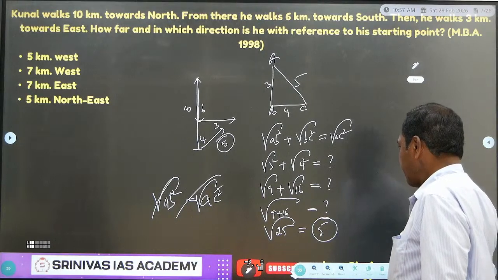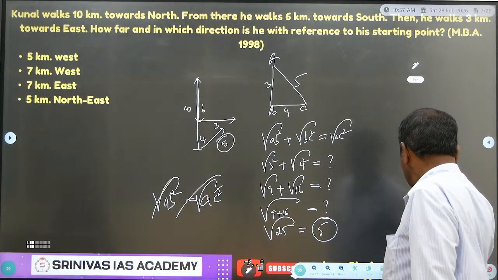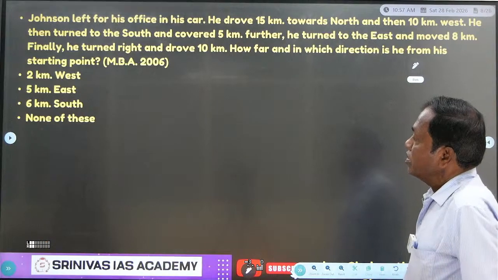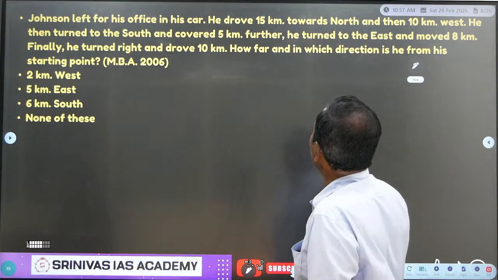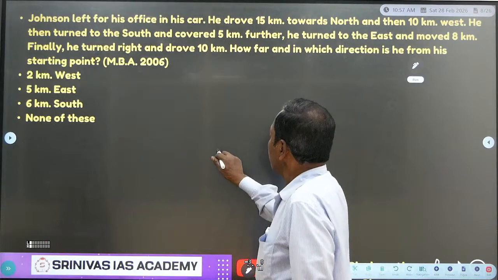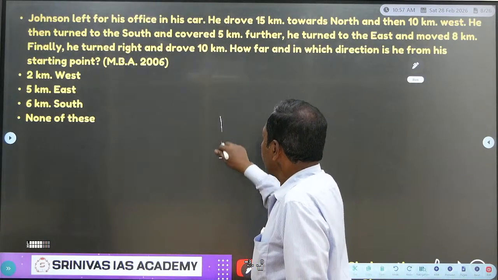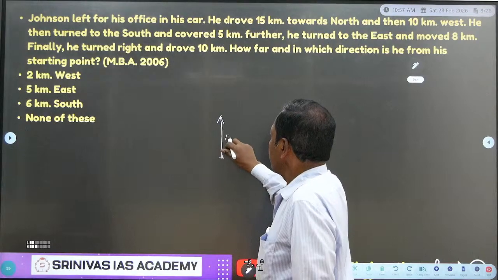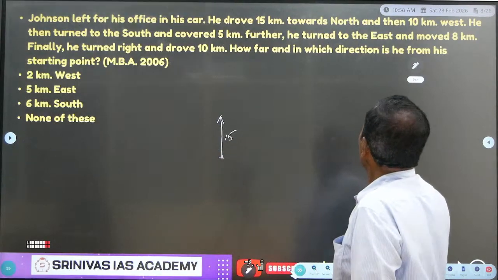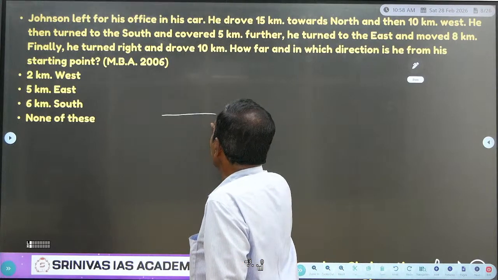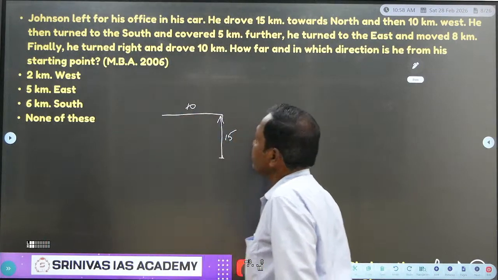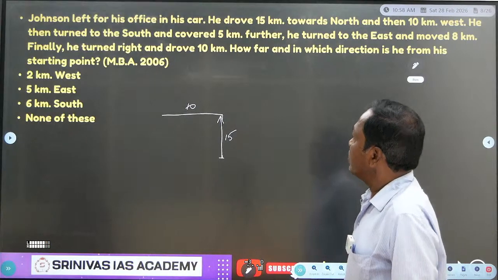Now we can see. Johnson left for his office in his car. He drove 15 kilometers towards north. And then 10 kilometers west. Then turned to his south and covered 5 kilometers.